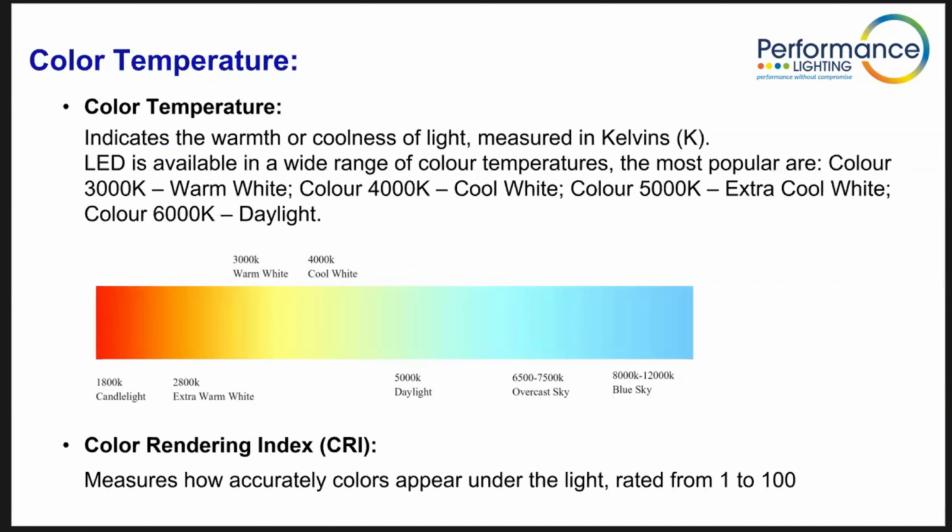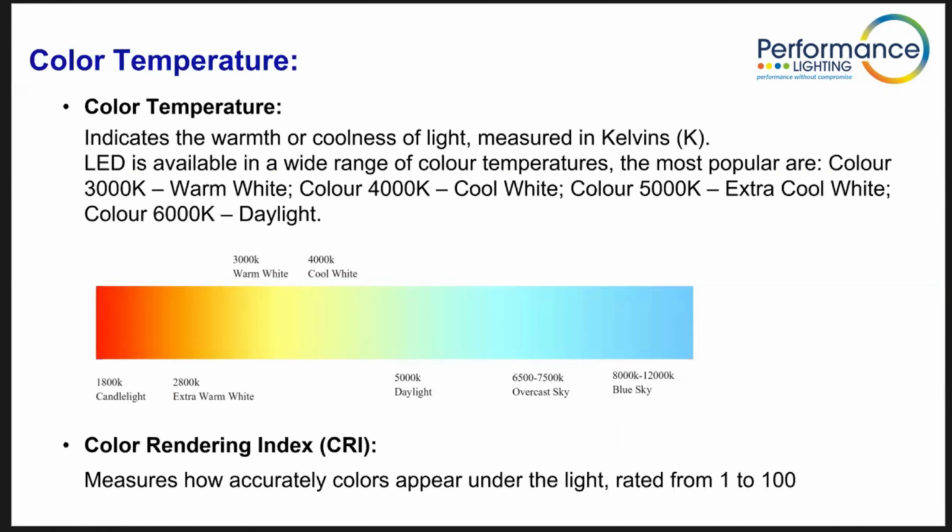But I could show you on a light meter that the light is exactly the same level. It's just that your eye perceives it to be brighter because it's cooler. So selecting colour temperature is really important.